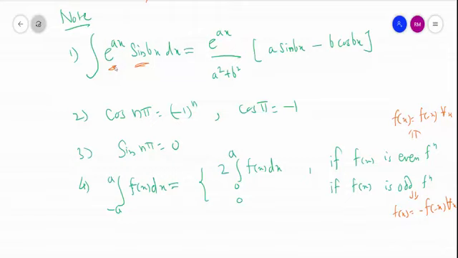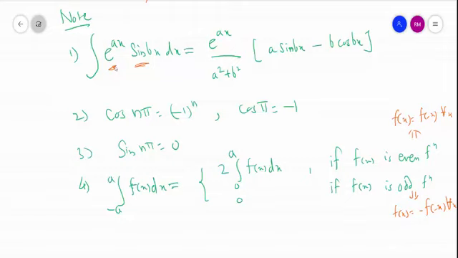And integration from minus a to plus a, let's say the interval is minus a to plus a, of f of x dx, and if f of x is an even function, means f of x satisfies this condition, f of x equal to f of minus x for all x belonging to this domain, then the limits of this integration will be changed, that is integration from 0 to a, not minus a to a, and we have to multiply by 2.